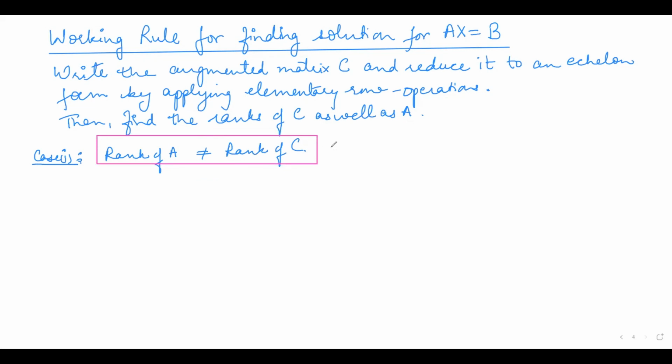In this case, we say that the system is inconsistent. So we can say no solution, or inconsistent system.